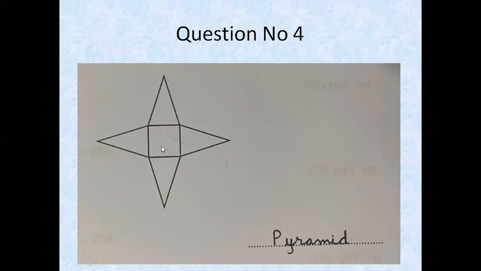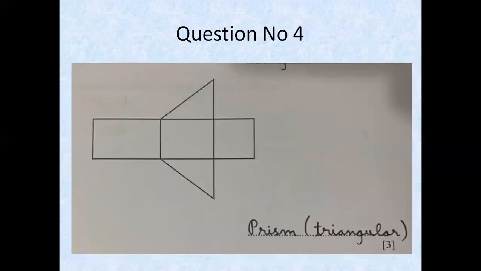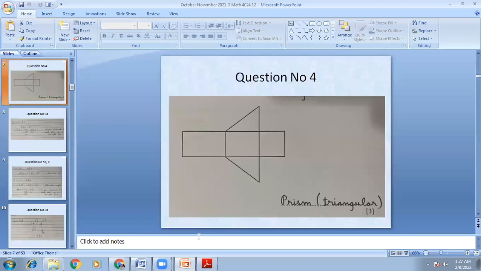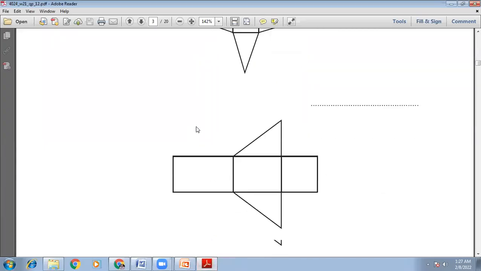When they are folded, they will make a pyramid. When you bend these shapes, you bring it here, you bring it here, this will become straight. This will be like a ramp. We call it a triangular prism. Hopefully you understand. Let's go to the next question.